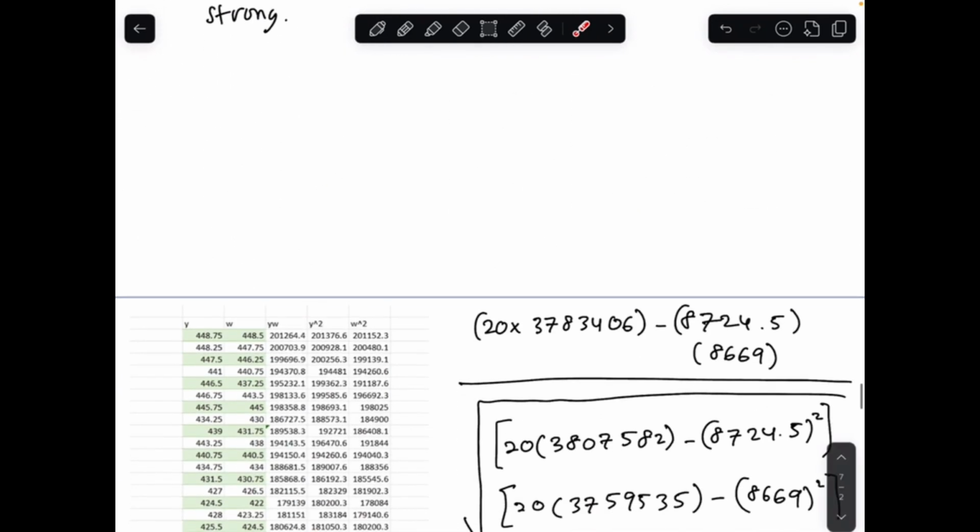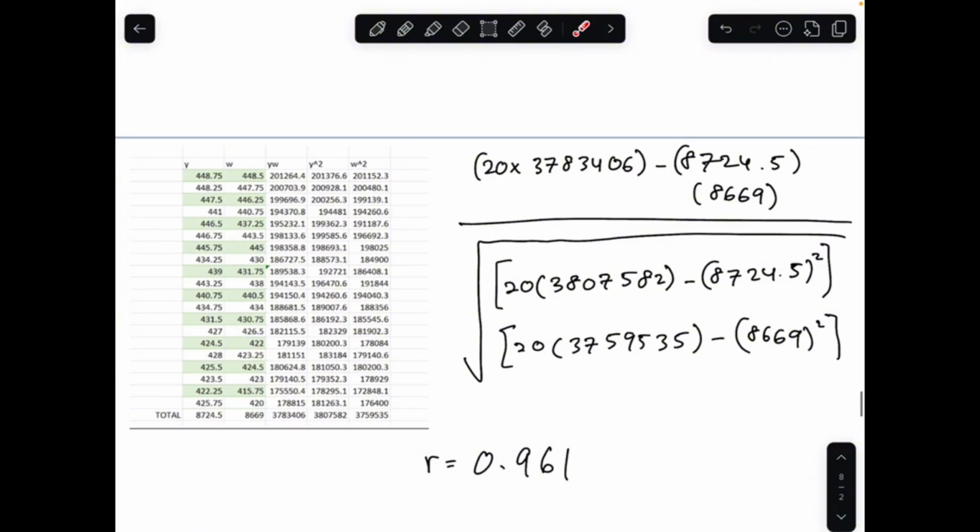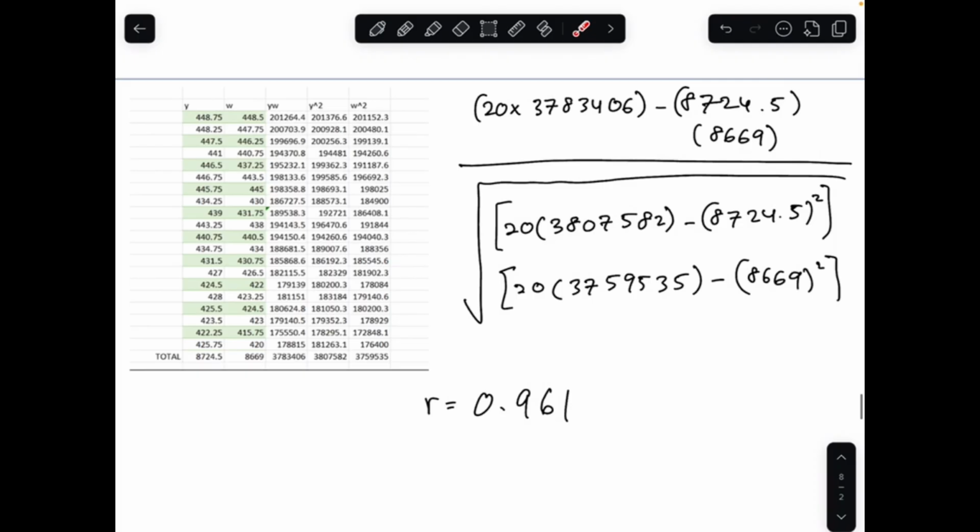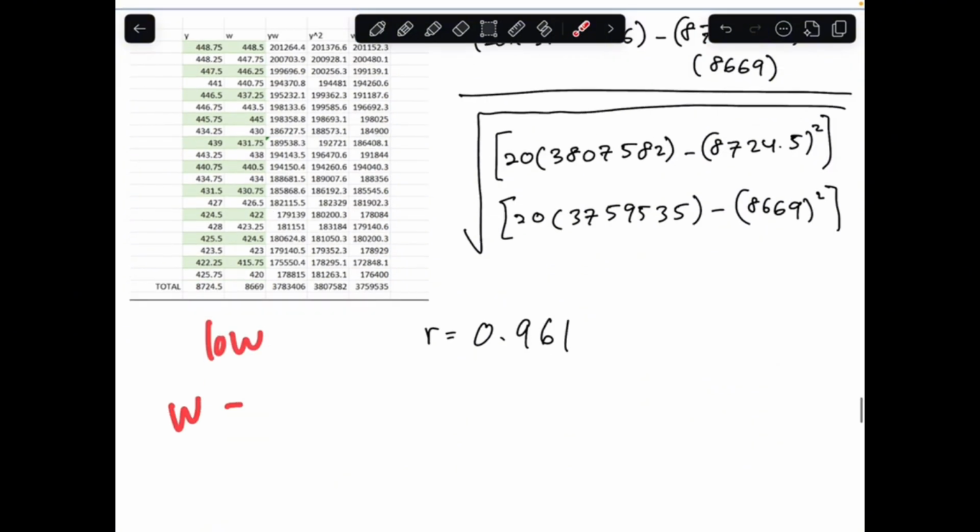And next, the correlation between z and w, which are low prices and closing prices.